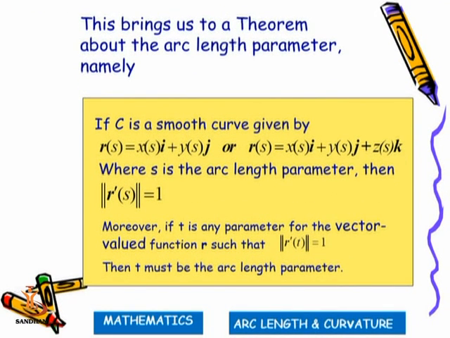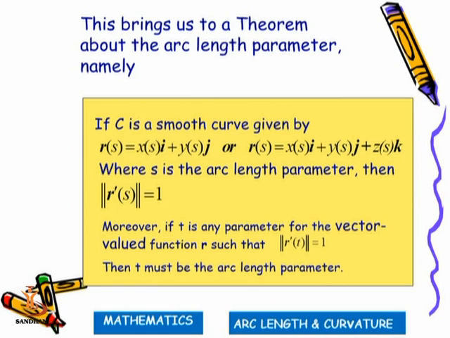This brings us to the theorem about the arc length parameter. If C is a smooth curve given by r(s) = x(s)i + y(s)j, or in three-dimensional space r(s) = x(s)i + y(s)j + z(s)k, where s is the arc length parameter, the norm of r'(s) is always 1.